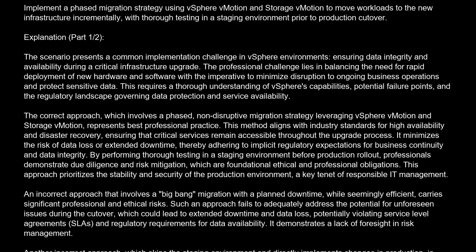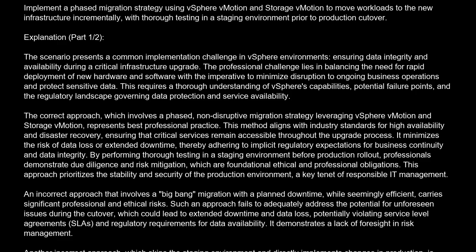An incorrect approach that involves a Big Bang migration with a planned downtime, while seemingly efficient, carries significant professional and ethical risks. Such an approach fails to adequately address the potential for unforeseen issues during the cutover, which could lead to extended downtime and data loss, potentially violating service-level agreements, SLAs, and regulatory requirements for data availability. It demonstrates a lack of foresight in risk management.